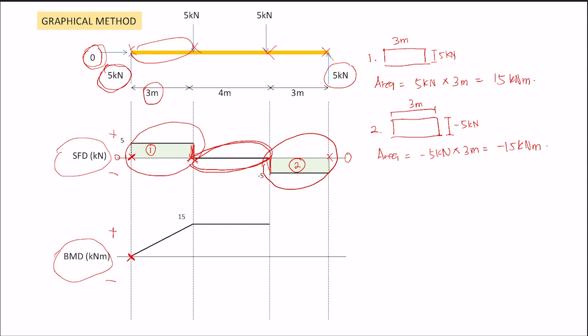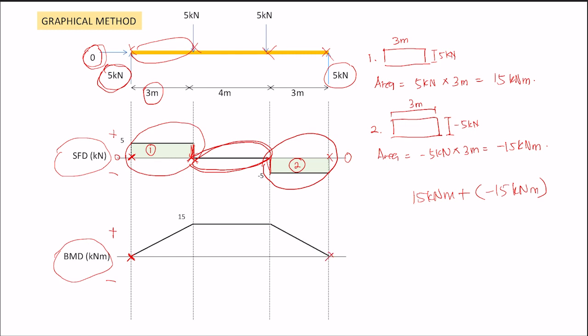Or if you write it as 15 kilonewton meter, as you can see, the area is below zero of the SFD, meaning you have to minus. So 15 kilonewton meter plus negative 15 kilonewton meter, you subtract and it becomes zero again.